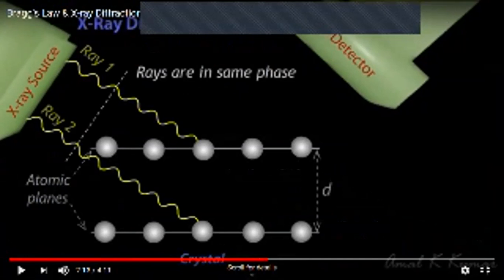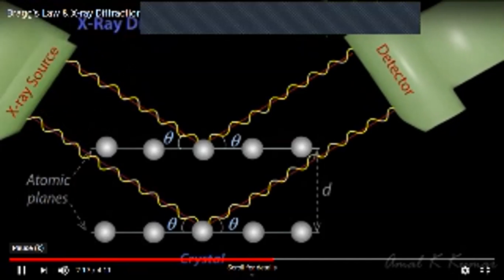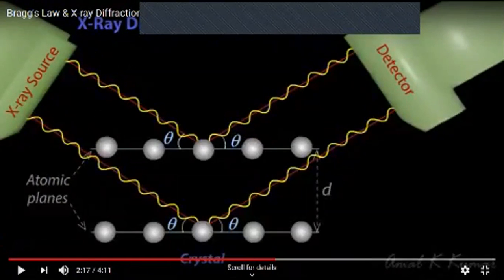So what you saw here is that the angle at which the incident rays hit the X-ray source was changed to make sure both rays were in phase when emitted. Now the detector is also moved so that theta abides by Bragg's law with the d-spacing of the atomic plane. So again, the source and the detector were moved to make sure they abide by Bragg's law, n lambda equals 2d sine theta.